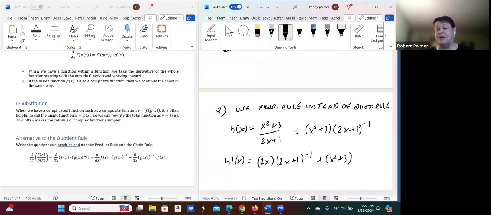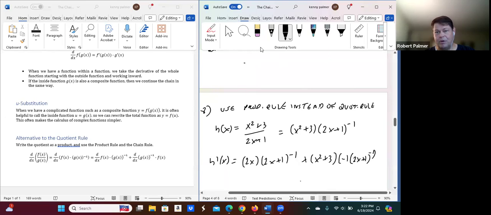Something to the negative first power is going to be negative 1 times something, 2x plus 1, to, remember, subtract 1 from the power, so negative 2, times the derivative of the inside function. In this case, that's the derivative of 2x plus 1. Remember, the derivative of a constant is 0, so the derivative of 2x is just 2.